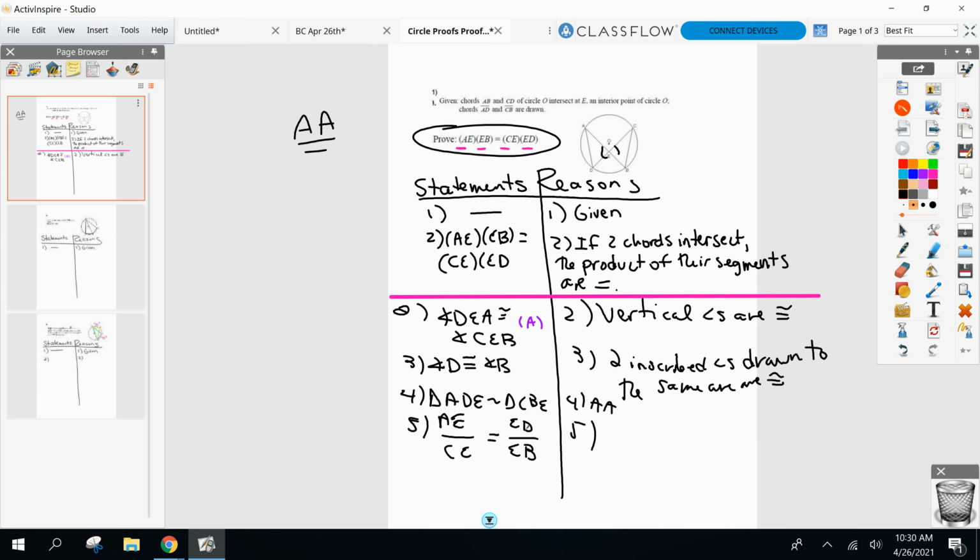We have a shorthand for it, but it's corresponding sides in similar triangles are proportional. Now you can tell me the products are equal. AE times EB equal to CE times ED. And this would be product of the means equals product of the extremes.